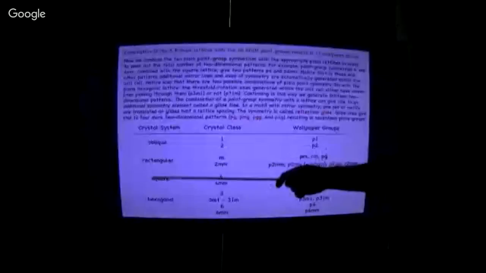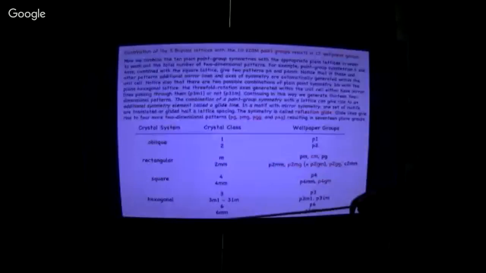Here I have my lattices, and here I have my crystal classes, and if I put these into those, I get 13 different symmetry groups.